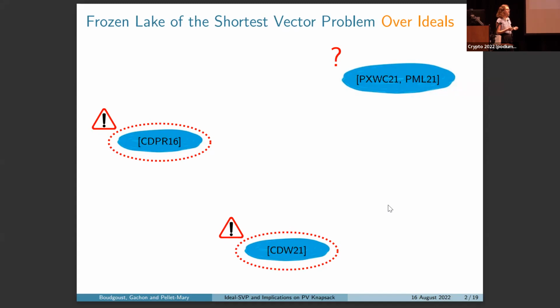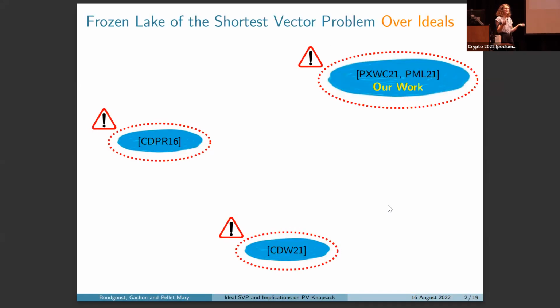This deals with ideals that have additional symmetries. The picture of our first contribution is that we enlarge the puddle, so we make it a little bit bigger. But more importantly, we put a big warning sign around the puddle so that now you can easily verify if a given instance falls in it or not.